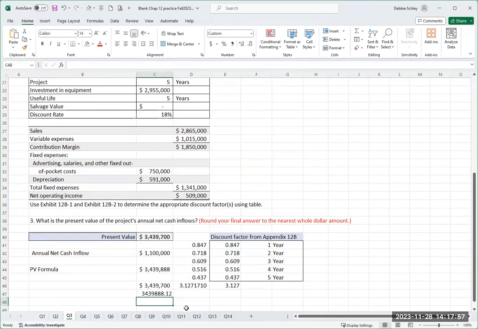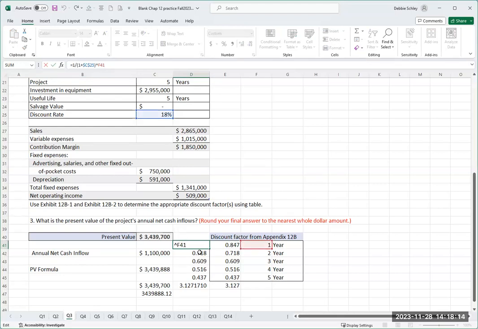So for this question, in order to get the right answer, you've got to hard input those numbers or get them out of the appendix. But remember, on the exams, you do not have access to that appendix. So you're going to want to know this formula: 1 divided by parentheses 1 plus the rate, close parentheses, raised to the value of the year.